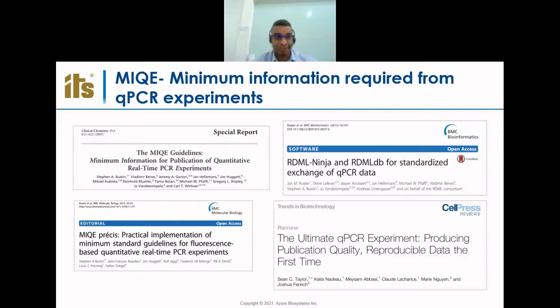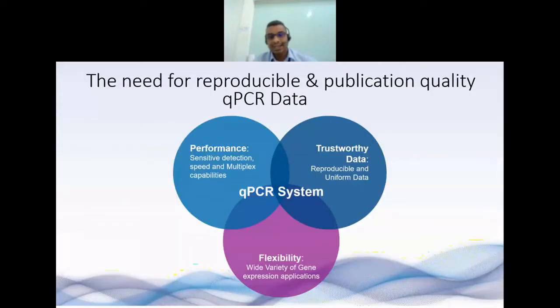I know you've had a session on MIQE guidelines this morning. MIQE essentially is a set of guidelines that describe the minimum information that you need from your qPCR experiments. So when you're choosing a qPCR instrument, you need to ensure your qPCR instrument can cope with this information, right?